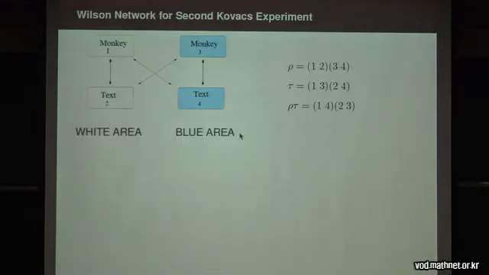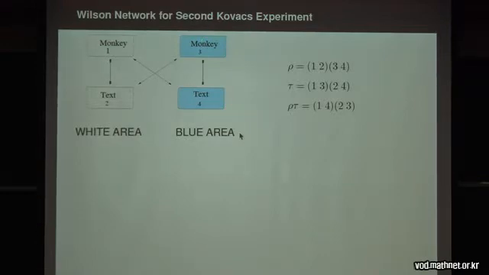So the Wilson network would be 2 columns, 2 attribute columns. They are the white area and the blue area. And each column has either a monkey picture or a text picture in it. The learned patterns are monkey and text in the 2 regions.